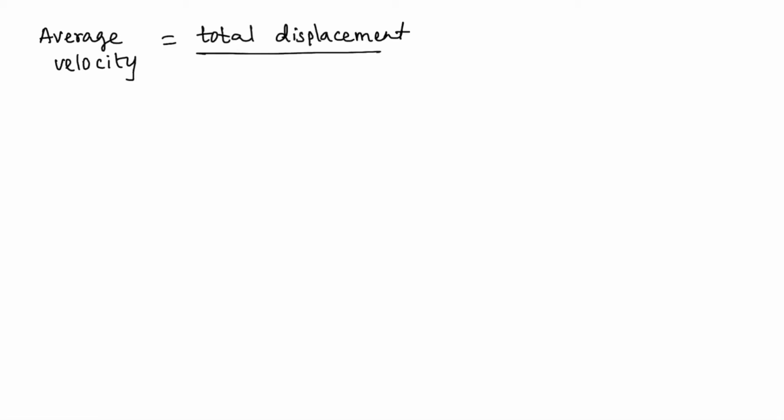Now let us use the fact that average velocity is equal to total displacement upon total time.